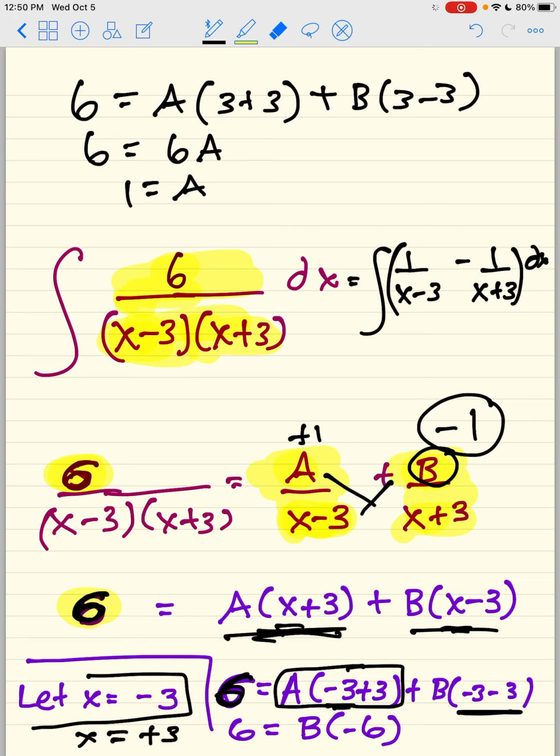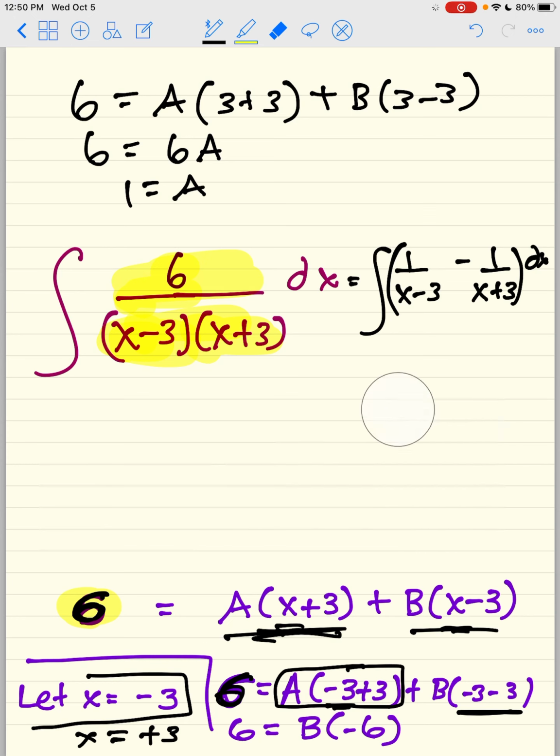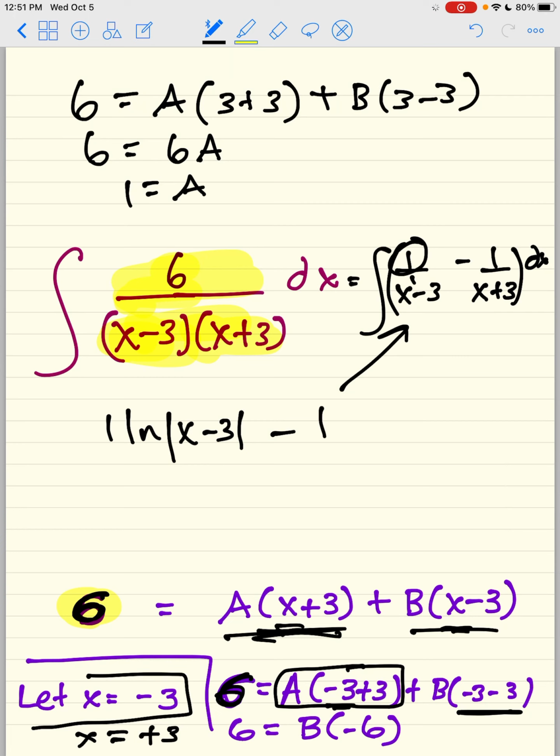Something that's really important is that 1 over x to the first is always natural log. So this person here is going to be 1 from up here, natural log of x minus 3, minus 1 from here, natural log of x plus 3.